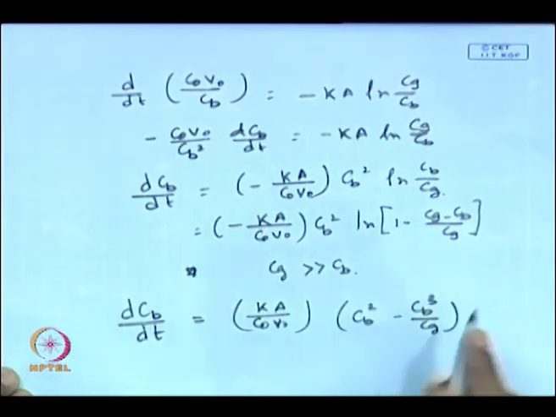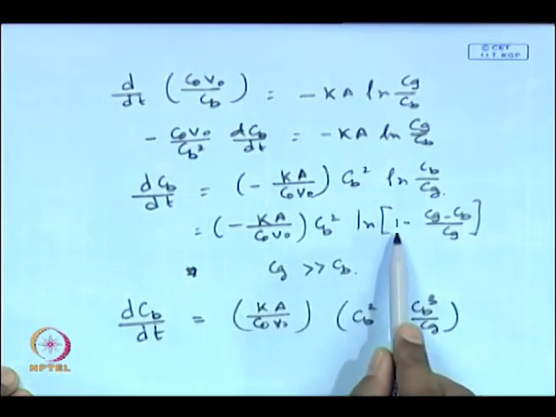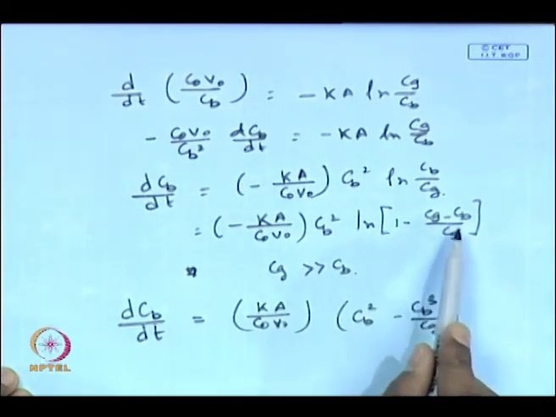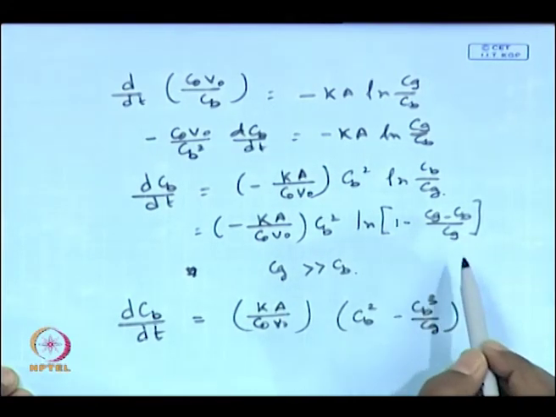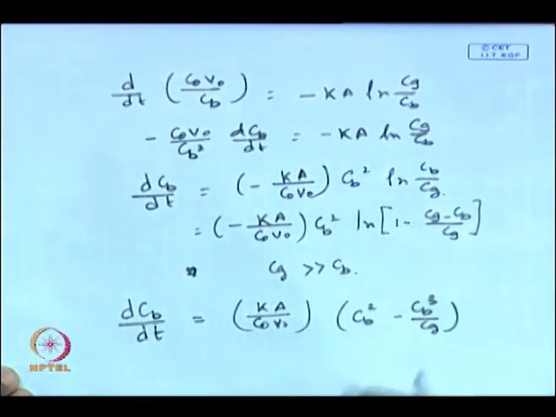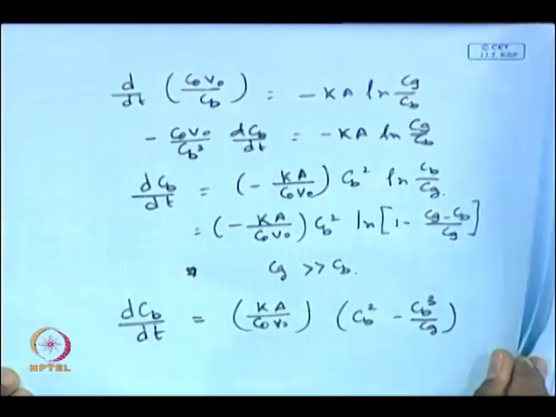That means, under this condition you can expand this, 1 minus Cb by Cg, assuming this will be very small. Okay. So, you do an expansion and try to get this expression, and now you will be able to get an analytical integration.